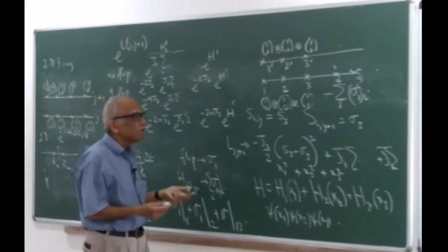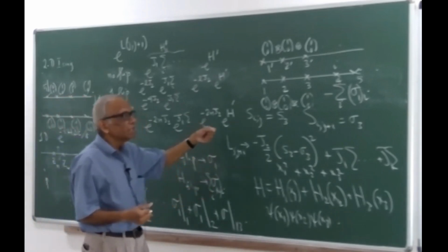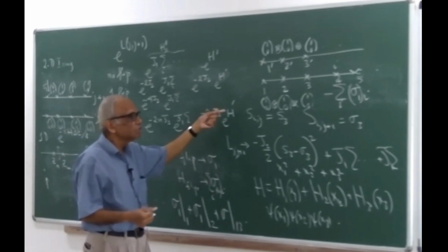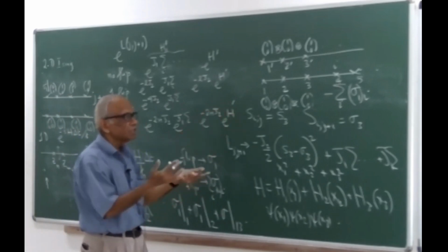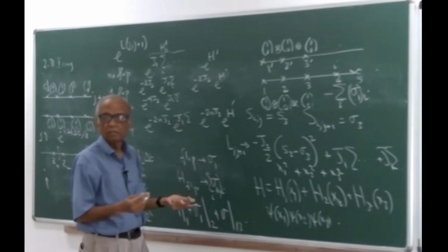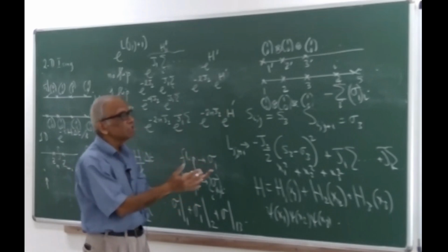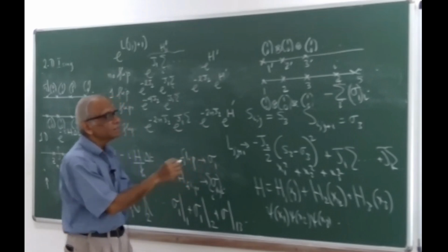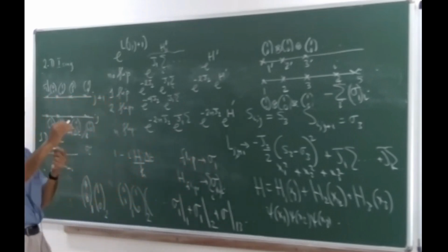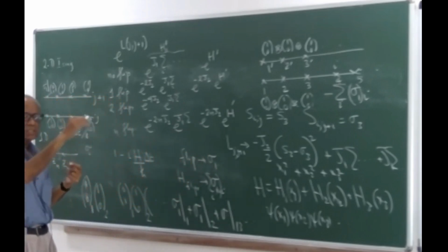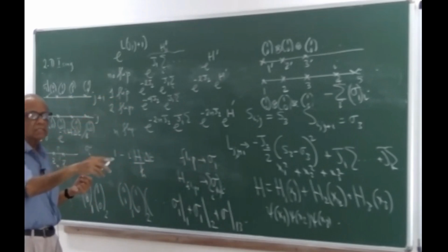Now I have a magnetic field in the x direction, and it has coupled to the magnetic field. So it is a set of magnetic moments sitting in a magnetic field which is in the x direction.